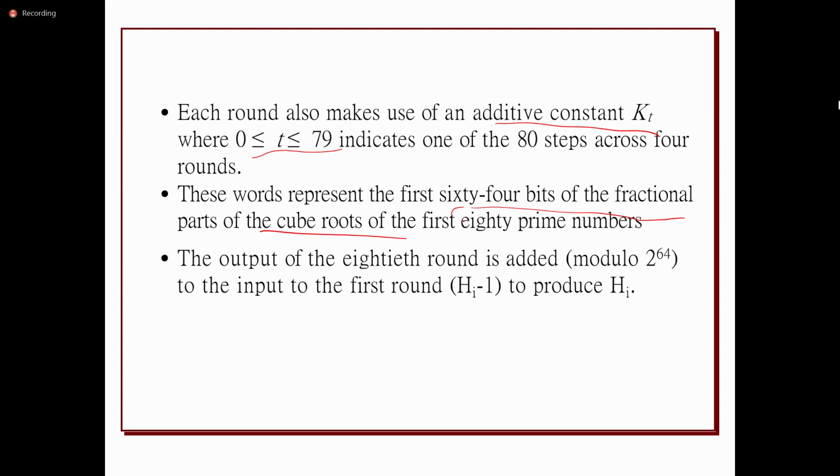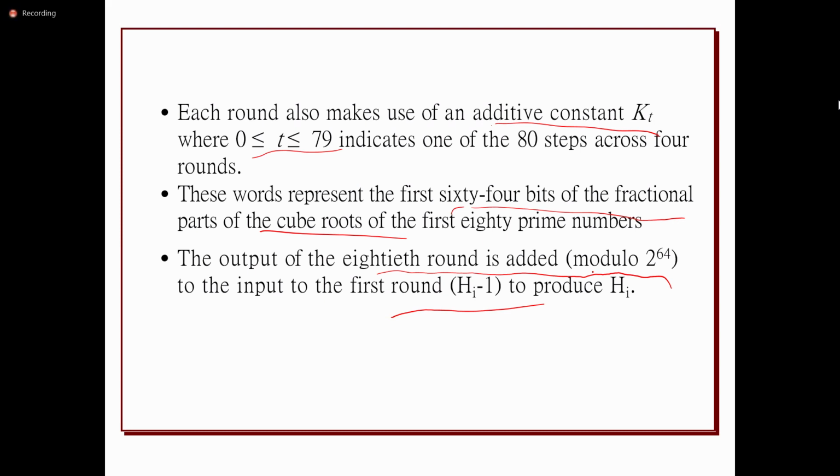Finally, whatever output is produced from the 80th round will be the hash code, which will be concatenated with the message or encrypted sometimes. Whatever the 80th round output is, that will be added to the input of the first round. So it is going to perform the addition with the initial value in the 8 buffers, that is the fractional parts of the square roots of the first 8 prime numbers.